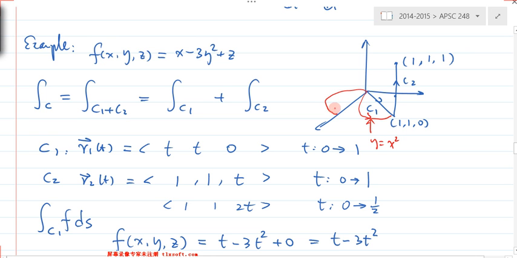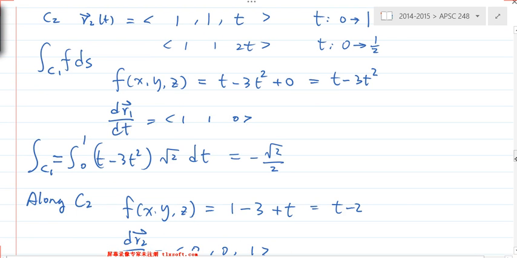So it purely depends on the curve, and also on how the curve is drawn, and you need to come up with an appropriate parametric equation for that curve. Make sense? You'll get some more exercise for this kind of homework. You'll see different kinds of line integrals with respect to different curves.